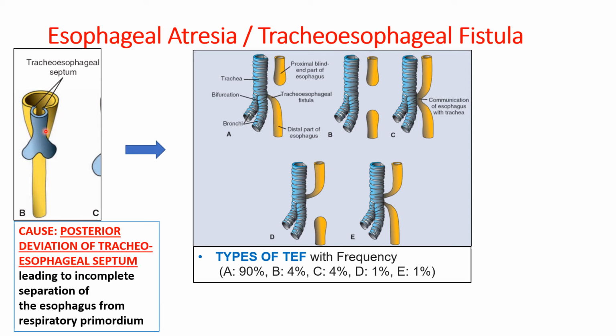This leads to esophageal atresia and tracheoesophageal fistula. Because of this, in the fetus, the excess amniotic fluid will not be swallowed by the fetus. Instead, the amniotic fluid will accumulate in the amniotic sac. So this leads to polyhydramnios.